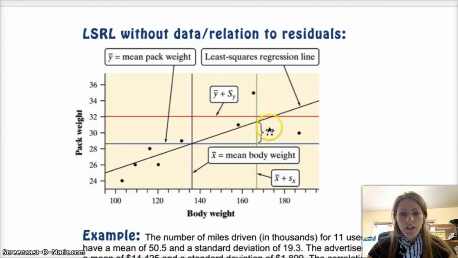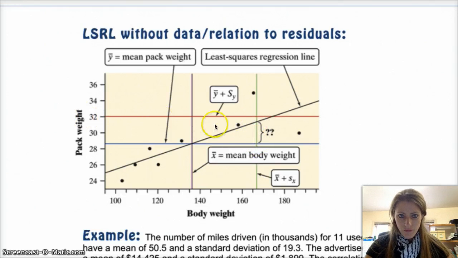So you've got your slope, which is this height here, and then how much you go over. What you go over is actually x bar plus a standard deviation. And your rise is that ratio of r times the standard deviation of y.